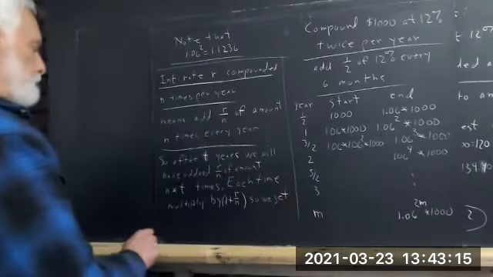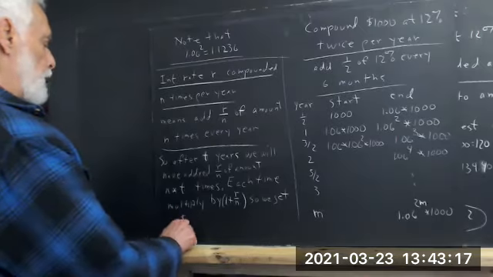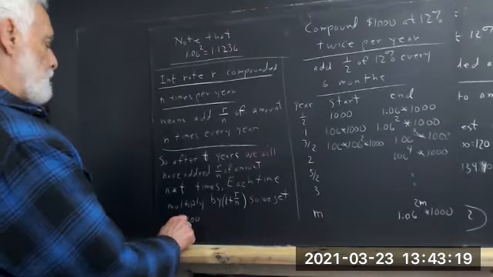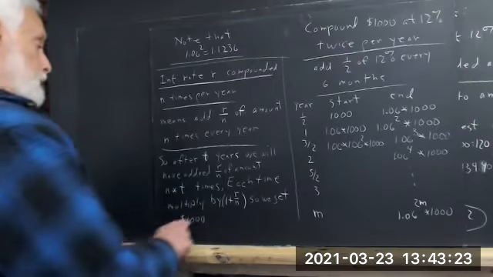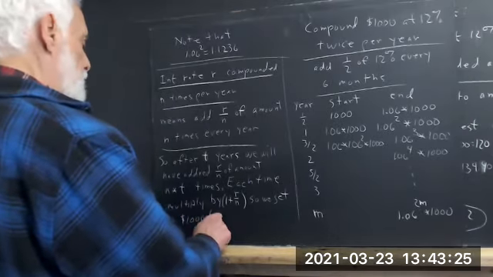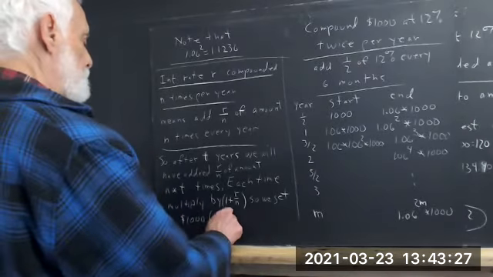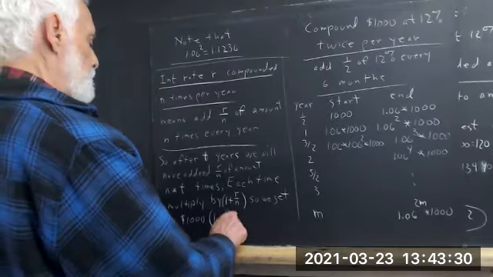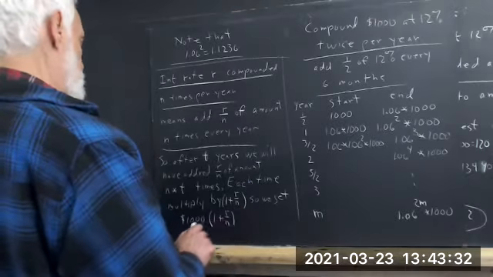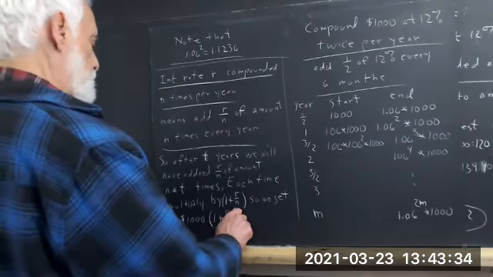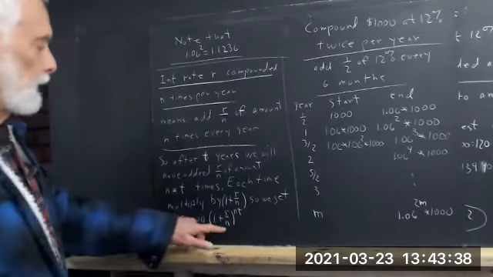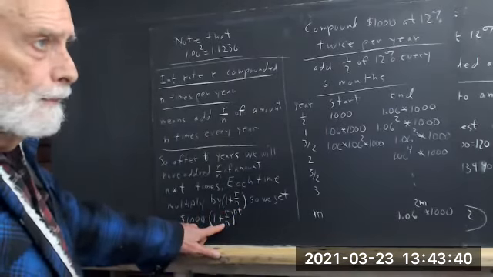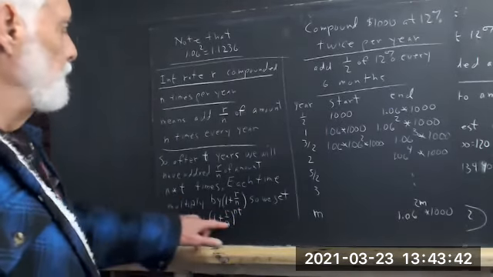So we get, if we're still doing the $1,000, but if we're not doing $1,000, it's whatever we start with, that's going to multiply by 1 plus r over n, times t times.